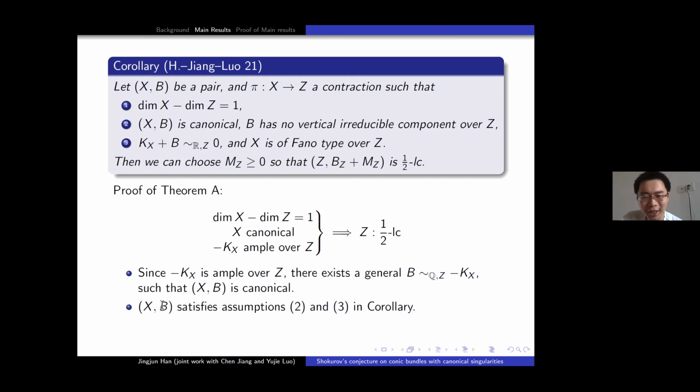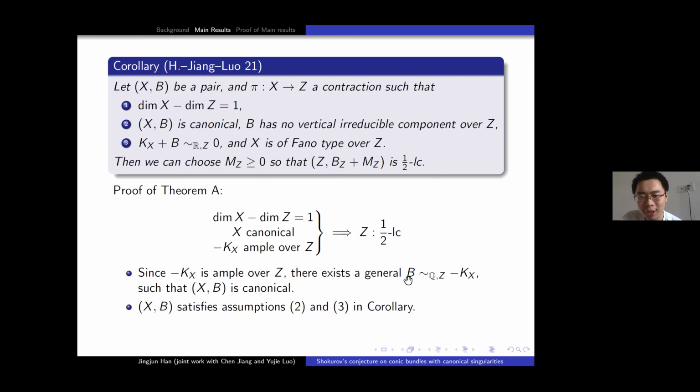Moreover, we can show that (X, B) satisfies assumptions 2 and 3 in our corollary. This means that (X, B) is not only canonical, but also B has no vertical irreducible component over Z. This is because we can choose a general B in this Q-linear system.